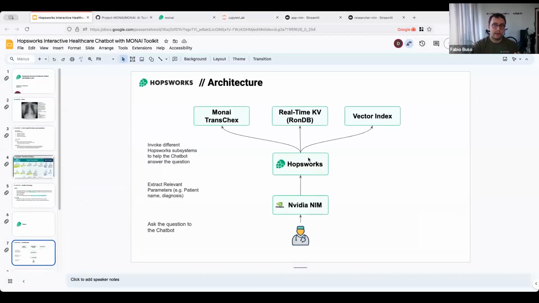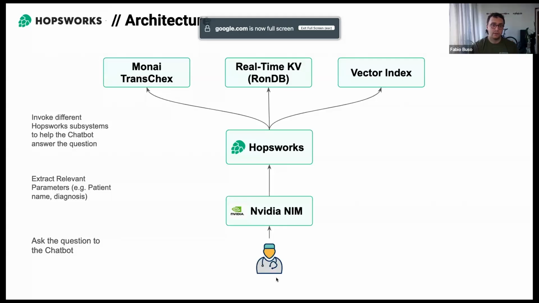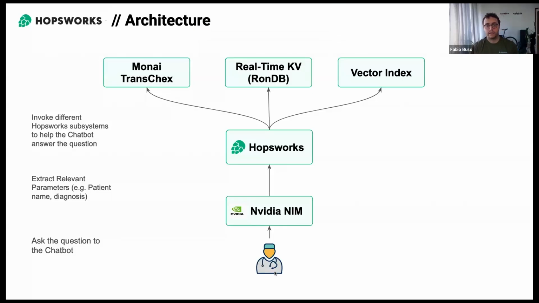So what basically happens behind the scenes is that the doctor, in this case, or the researcher in the next case, talks to the NVIDIA NIM. The NVIDIA NIM is, in this case, leveraging the Llama model. There are different NIMs for different models; in this case, we're using the Llama one. What happens is that from the question, it extracts the most relevant functions through a process called function calling.